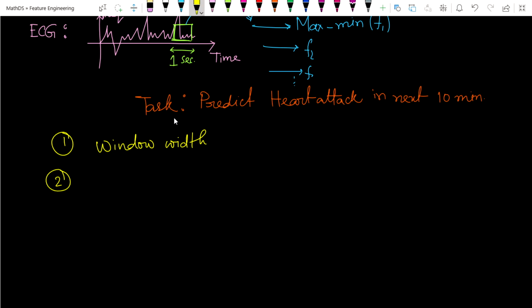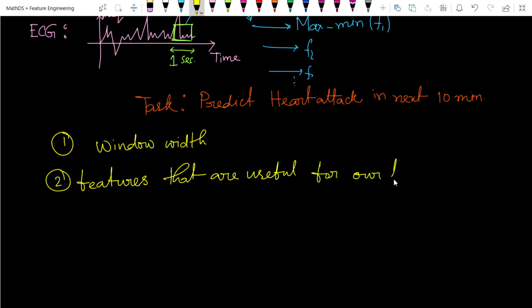On the basis of the domain expert's knowledge and our requirement, we have to specify the features that are actually useful for these tasks.